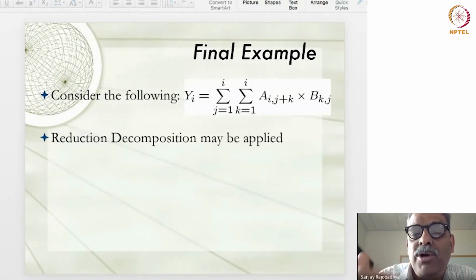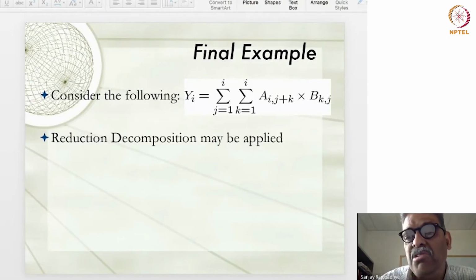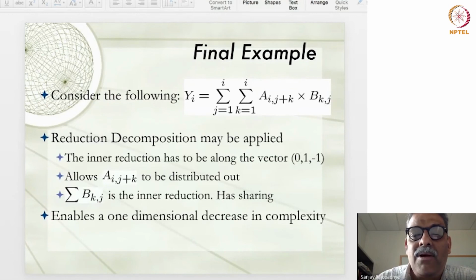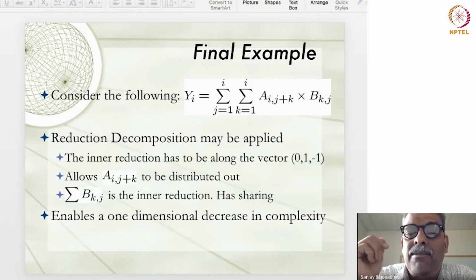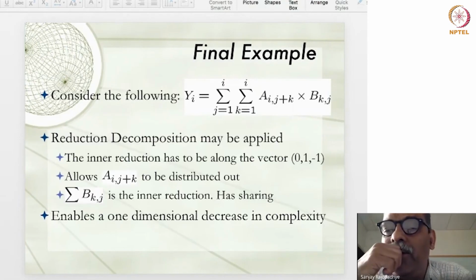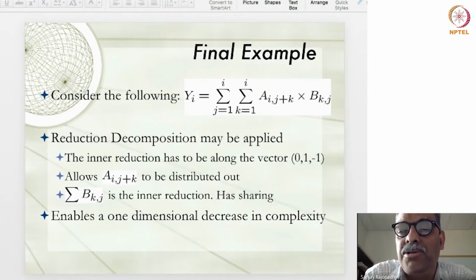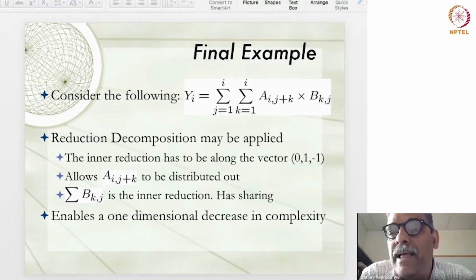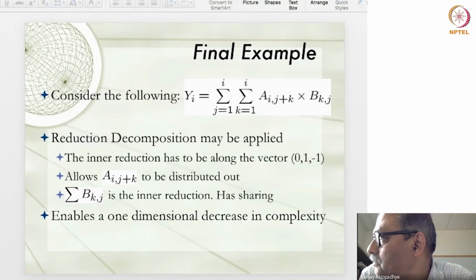But instead of doing this sigma j, sigma k, if I do the double accumulation in a different way, what if I do first the sigma j? I could do many other ways, but if I just swap the summations, then the second term, B[k][j], is not independent of j.